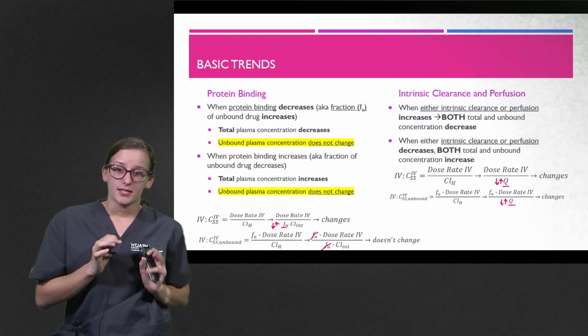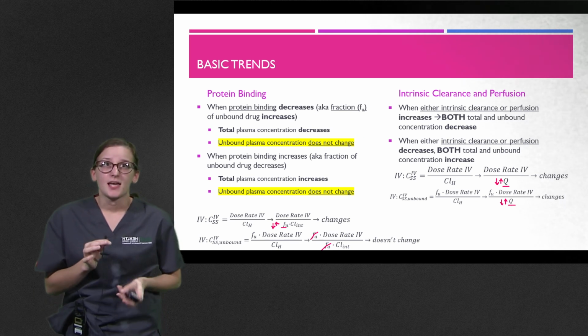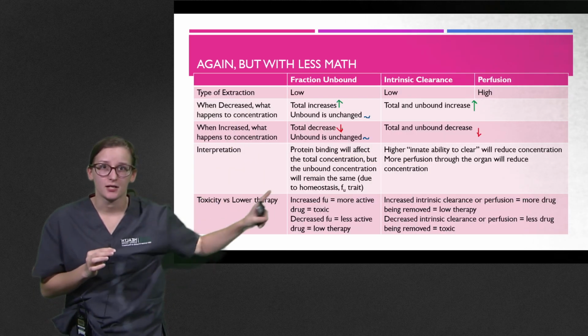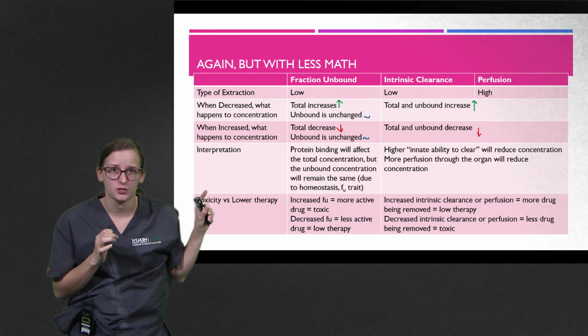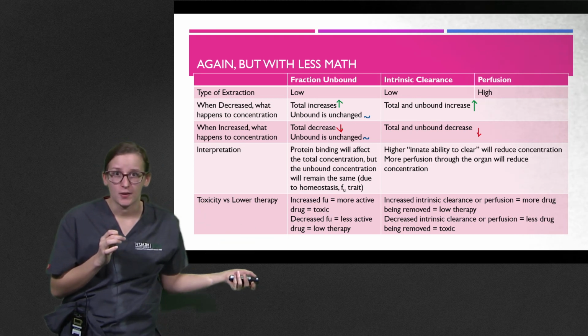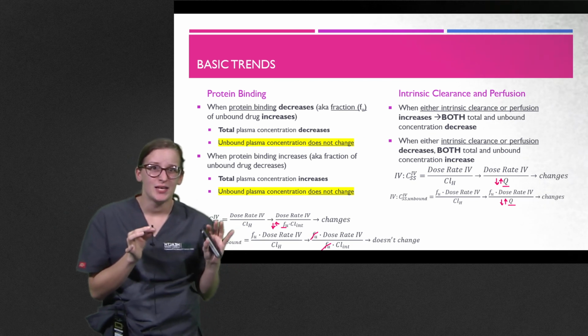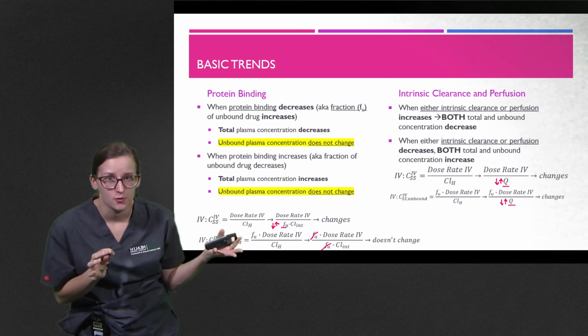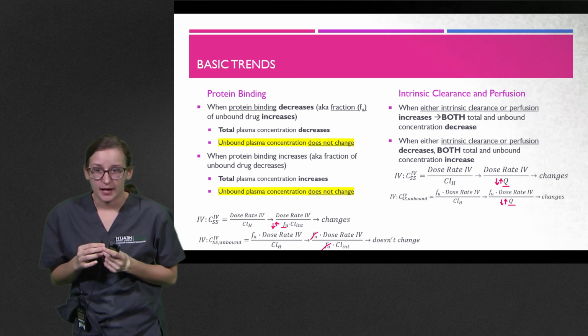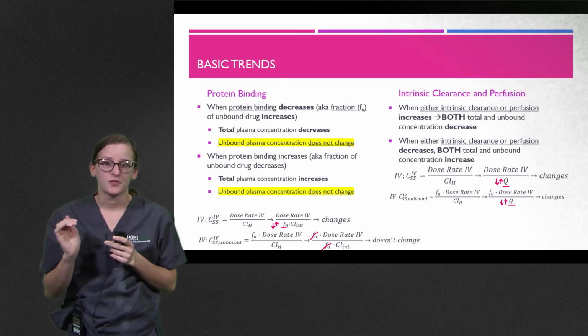And so I've got some basic trends here. Oh, I forgot to say, you can just skip to this slide here if you just want to hear how to solve the questions without even having to understand the equations. But if you want to understand how the equations correlate to perfusion and protein binding, here's where you want to be. With protein binding, there are different trends.